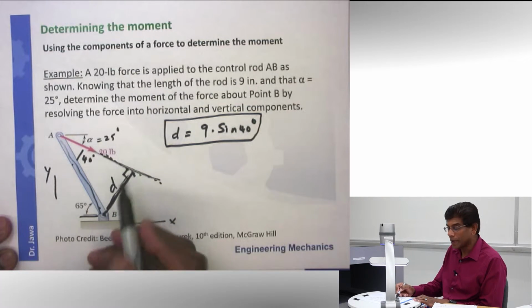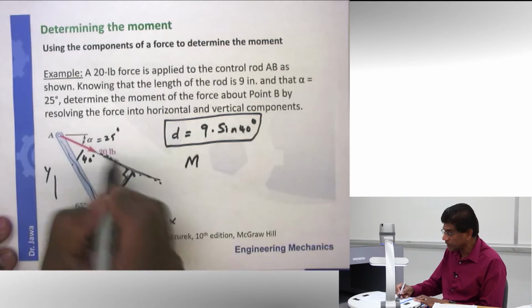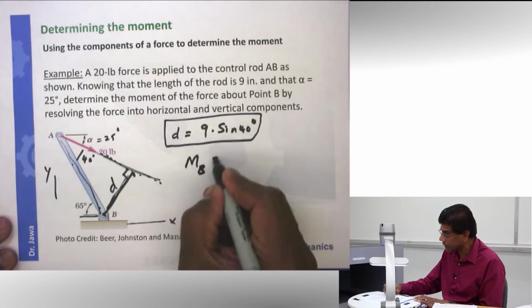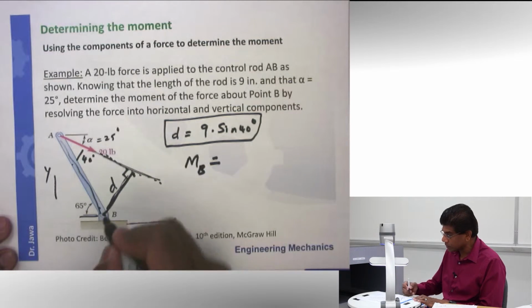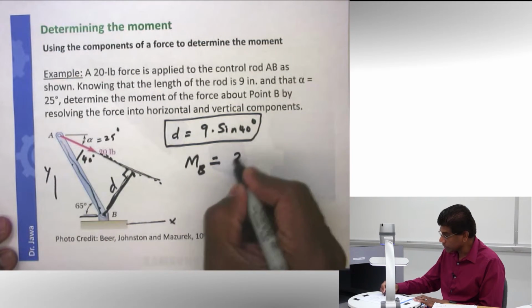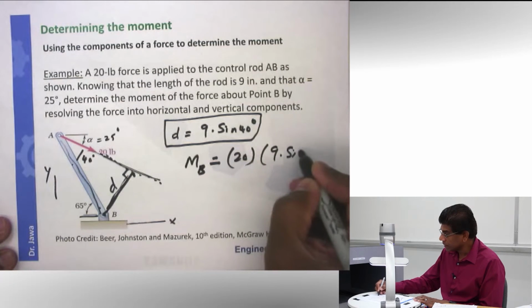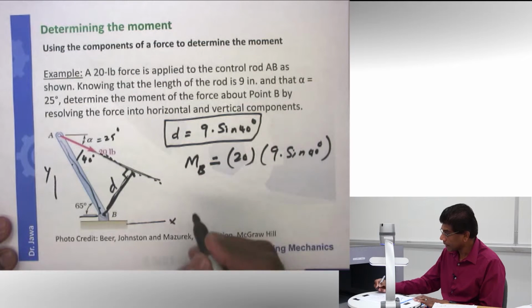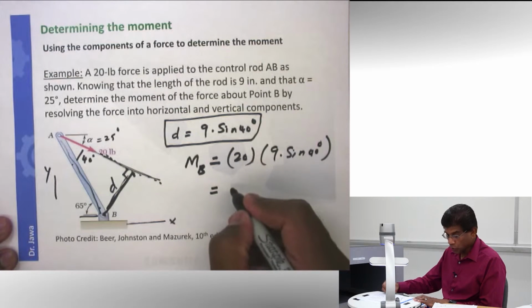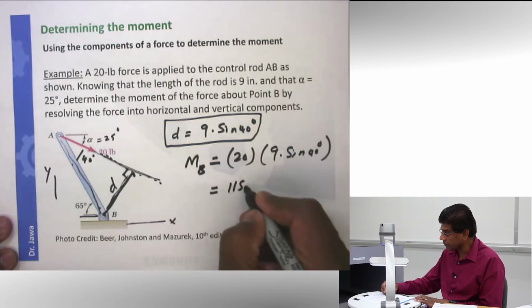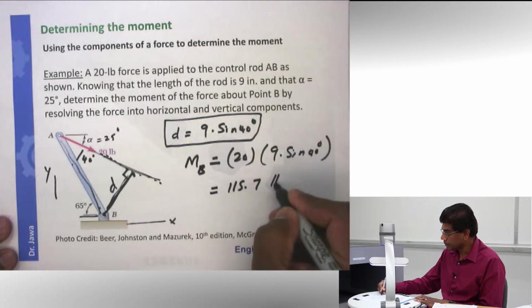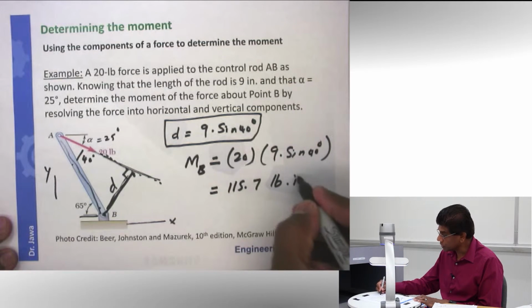Once I calculate the perpendicular distance, the moment of this force about point B is going to be equal to force, which is 20 pounds in this particular case, times the perpendicular distance. All right? And if you did that, you will get an answer of 115.7 pound inches.